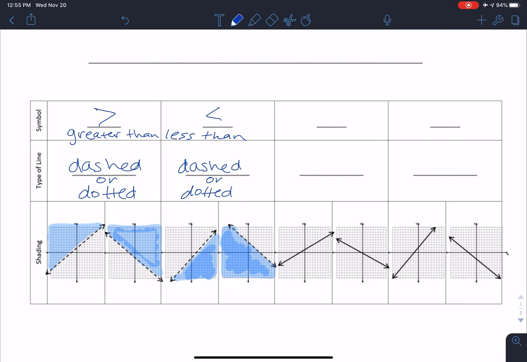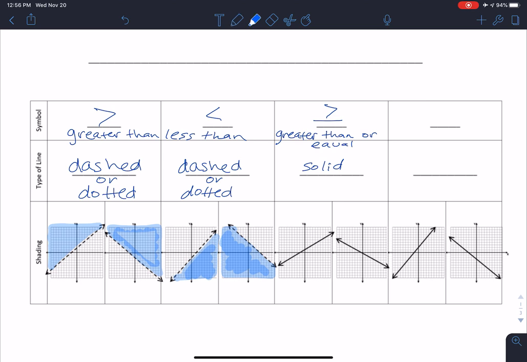Okay, and then the next two, I have greater than or equal to. So greater than or equal. I have a solid line. Okay, so my lines are solid like the pictures above, that the greater than is telling me I need to shade above, just like on the first example.